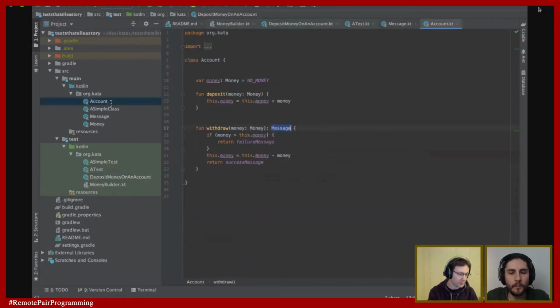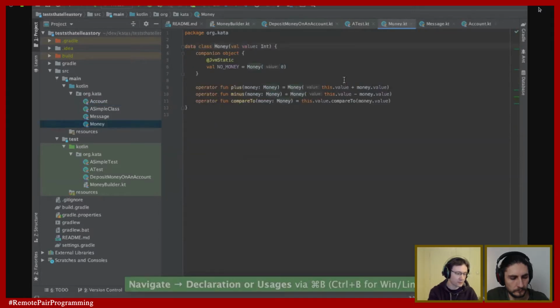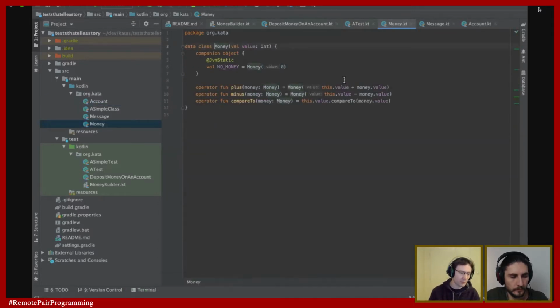So account is rather simple. We have the deposit function, and then we implemented the withdraw function. We'll see that a bit later. We had a money class so that we don't have to handle how we can add some money to more money, and we can easily compare money to other money, and this way we can handle about any kind of money.